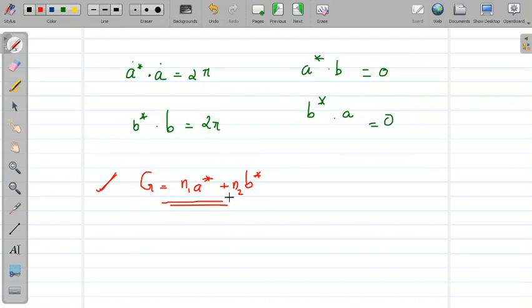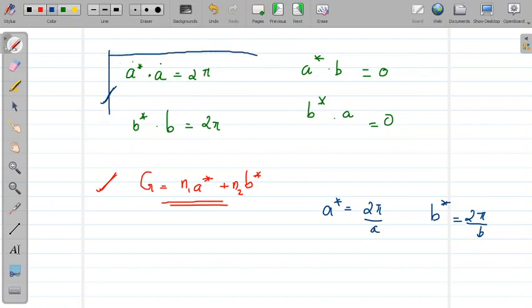For the two-dimensional picture that we see now, we can find that A star equals 2 pi by a and B star equals 2 pi by b. So this can be defined in the case of the reciprocal lattice that we saw now, the rectangular lattice. The common relation between the reciprocal lattice vector and real lattice vector are given by these relations.